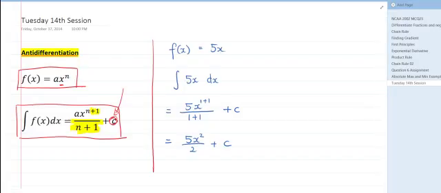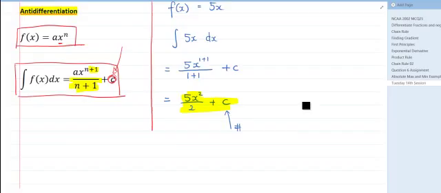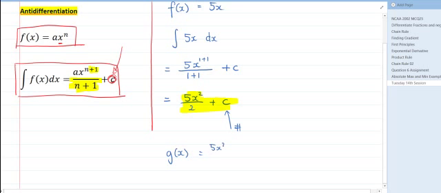Now, if you're wondering what does this tell me, c is a constant, okay? c is a number that I don't know, but it doesn't matter what it is, because if I gave you a different equation, I said g of x equals 5x squared on 2 plus, let's make it up, let's say 10.